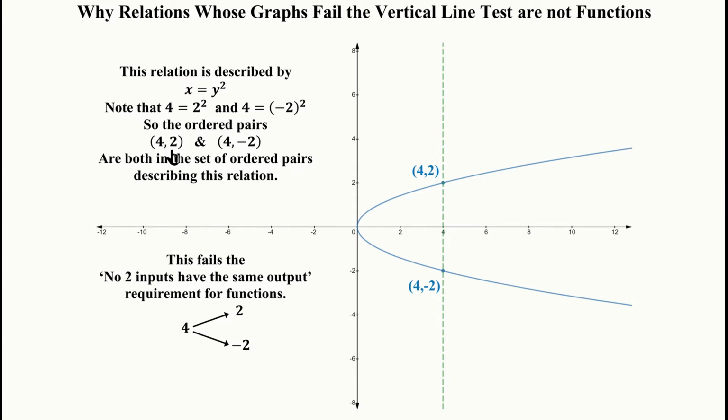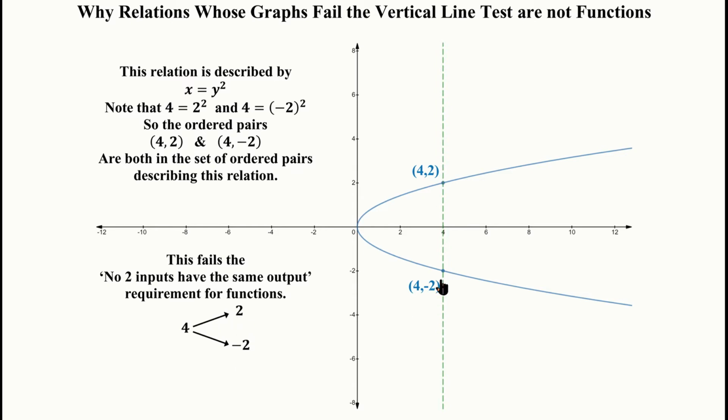And of course, this means that these kinds of graphs fail the required condition of being a function, that no two ordered pairs that are different have the same first coordinate. And of course, that means this relation sends the input 4 to two different outputs, 2 and -2.